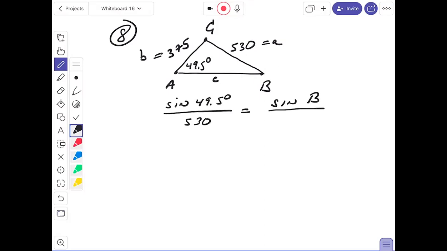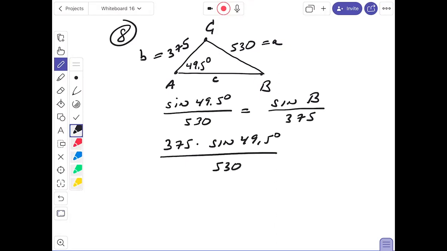You get the idea what I'm doing? Over 375. Well, I think I can do this, and we'll write it down for you. 375 times the sine of 49.5 degrees over 530 is equal to sine of B. And what's B going to be equal to?